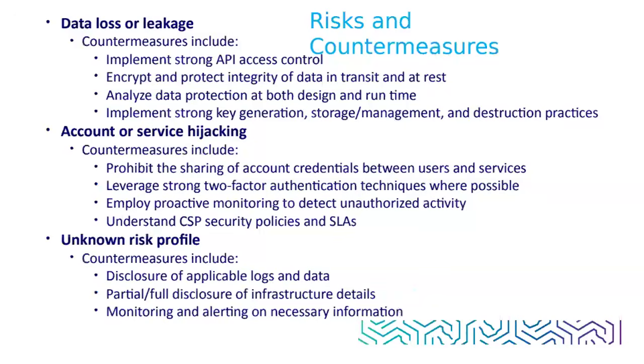And also, we have some more issues and countermeasures. Here, if you see data loss or leakage, the Cloud Security Alliance clearly mentions that the organization should protect against data loss or leakage by implementing strong API access control, encrypting the data in transit and at rest, analyzing the data protection throughout the system lifecycle, and securely managing the encryption keys.